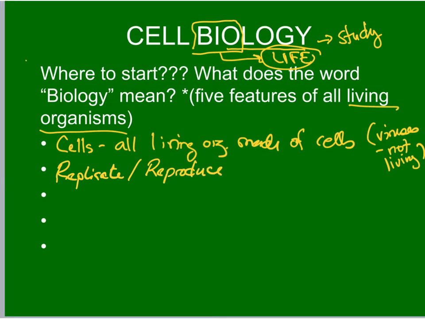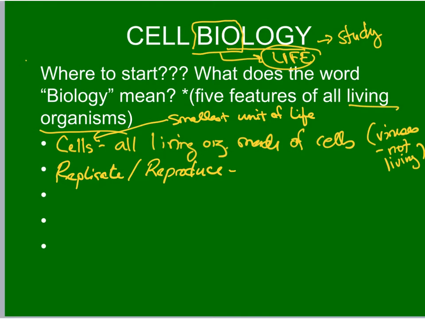You know, the first one of these, this idea about cells being the smallest unit of life, is really an important feature, and that came from the original cell theory. This idea to replicate or reproduce means that you as an organism have to have all of the machinery required to make new ewes.